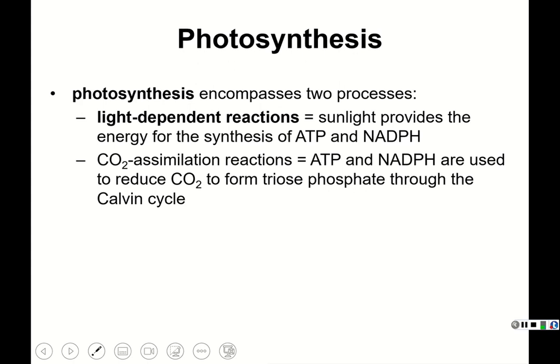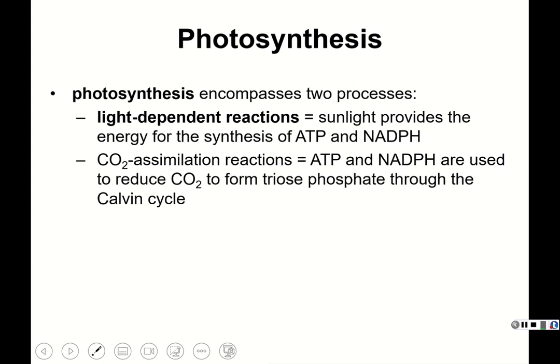And those are two separate processes there. You might have heard this before in other classes or from high school, right? You have a light reaction or light-dependent reaction, and what they call, I don't know if they still call it this, but they used to call it the dark reactions.